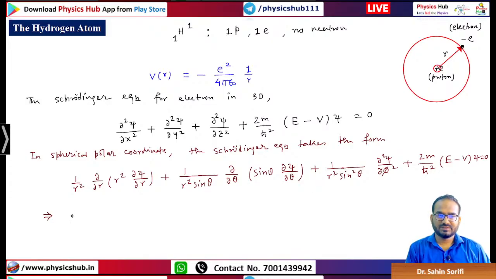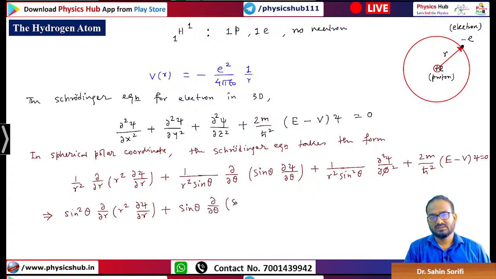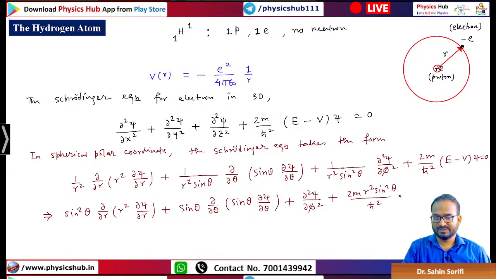Then this will become sin square theta del by del r of r square del psi by del r, plus one sin theta will survive here, sin theta del by del theta of sin theta del psi by del theta, and 1 by r square sin square theta: r square sin square theta is cancelled, so you are only left with del square psi by del phi square, plus 2m, we have multiplied r square sin square theta, and this h cut square is remaining.